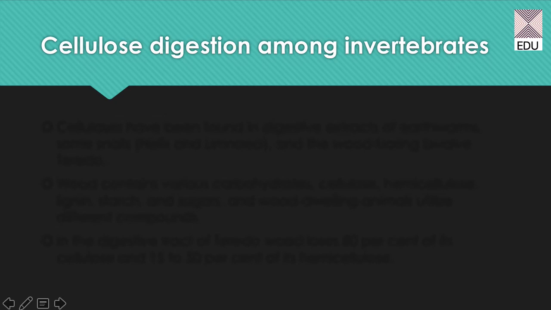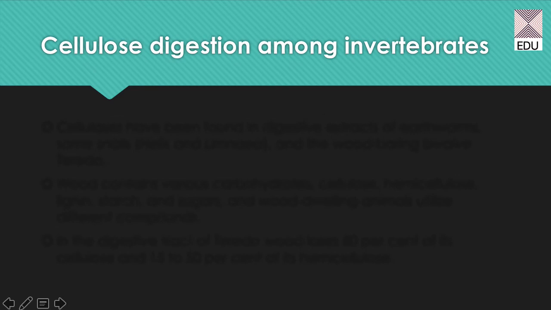Here I want to quote one example, termites. We have seen termites in our homes very well, and what they are eating is wood. Whatever kind of wood material they get, they eat it.